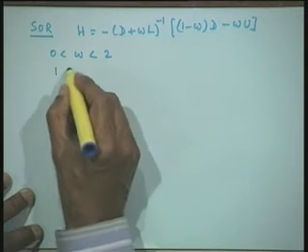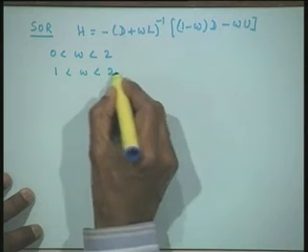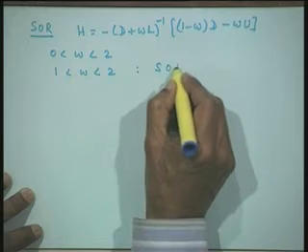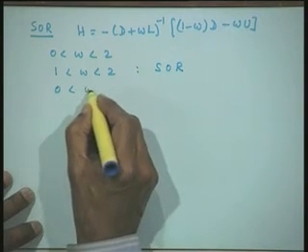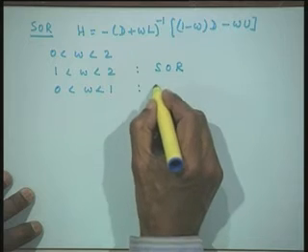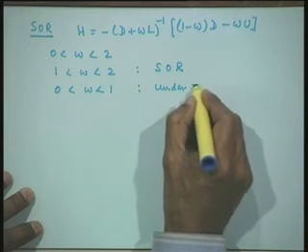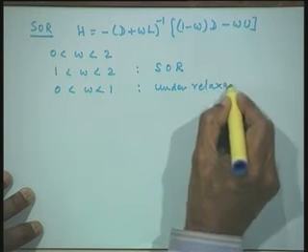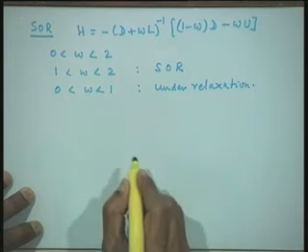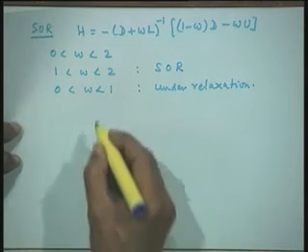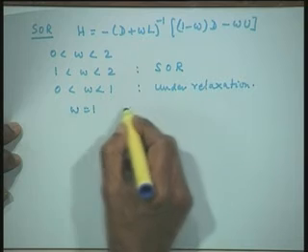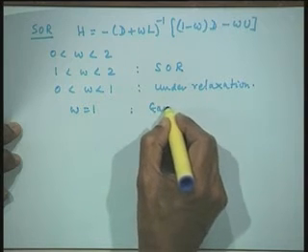If it lies between 1 and 2, we call this successive over relaxation. If it lies between 0 and 1, we call this under relaxation, but in practice nobody uses under relaxation unless there is some specific reason, and when omega is 1, it reduces to Gauss Seidel.